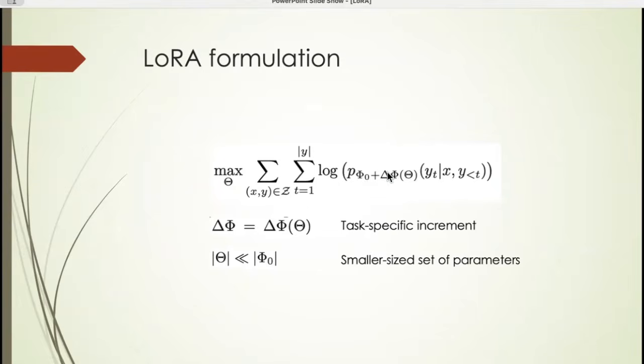This delta is the task-specific incremental change that you want to apply to the original weights. And usually these fine-tunable parameters theta will be a lot fewer, usually like 10K times fewer compared to the original LLM parameter size.